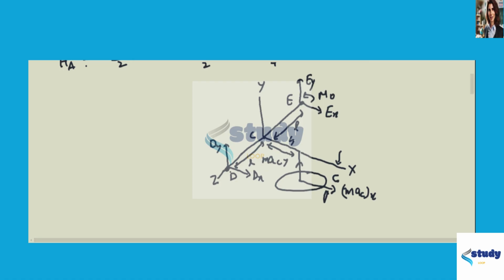Now let us find the velocity of A point. Velocity of the disk A can be written as omega 2 k cap cross position vector RAC.